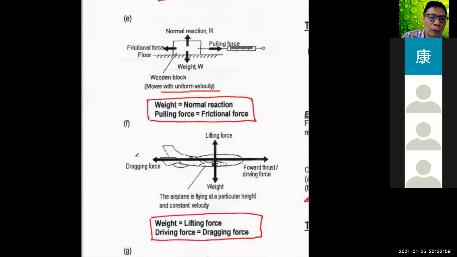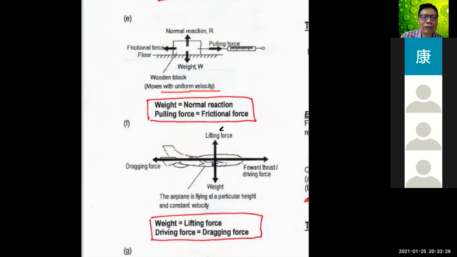The air resistance goes in the opposite direction and is called the dragging force. So remember, lift, weight, thrust, and drag. The names you have to remember. Thrust goes forward, and the opposite one going backward is called drag. D-R-A-G, drag, dragging force.